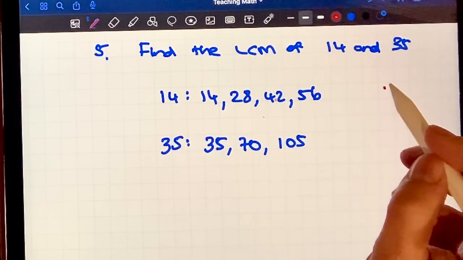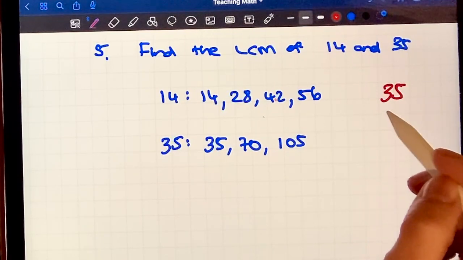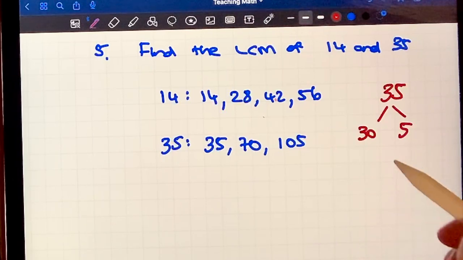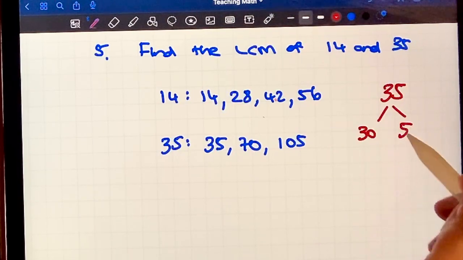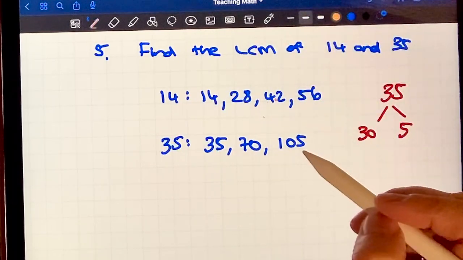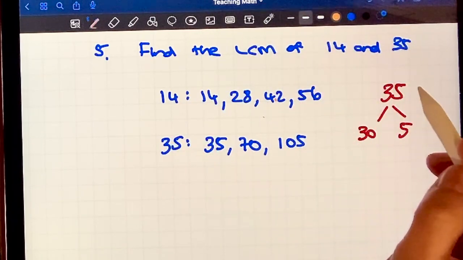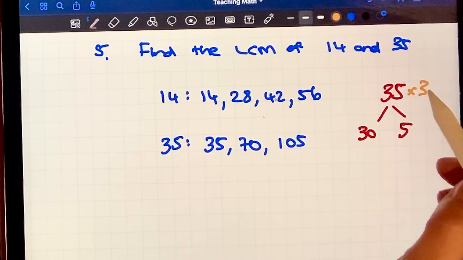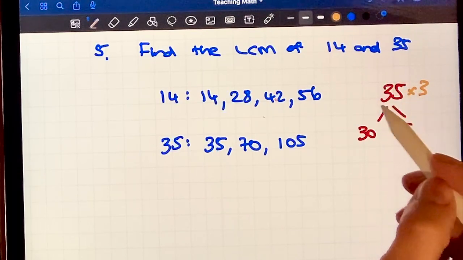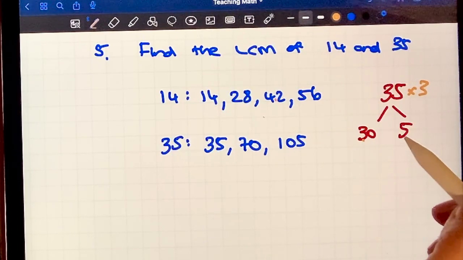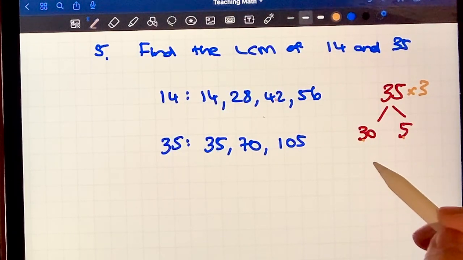25, and you want to partition it into 30 and 5. It's made up of 30 and 5. And then if you want to multiply this whole thing by 3, if you can't do the whole thing by 3, then just partition it and multiply this by 3 and then multiply that by 3, because that's much easier.